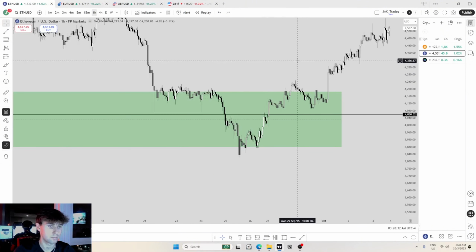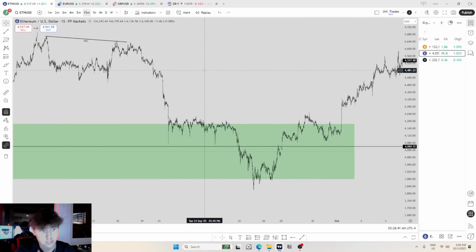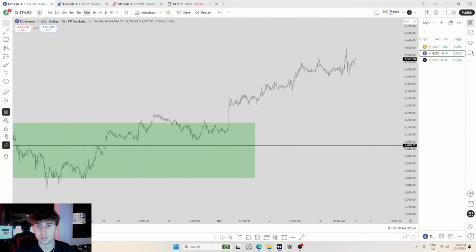But probably mostly the 15 minute or the 5 minute are my entries, and I'm expecting these trades to last between 5 hours and maybe 1 to 2 days. It really depends. And like I said, we're probably going to get 1 to 2 trades per asset class a week, which is cool with me.